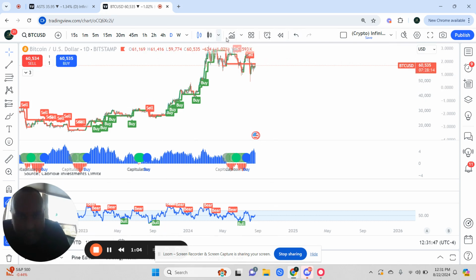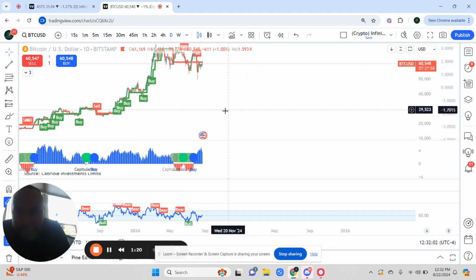Okay, so you can pull that up. It's a free indicator. Make sure you're not using this on something like a stock like SPY. This is strictly for Bitcoin.